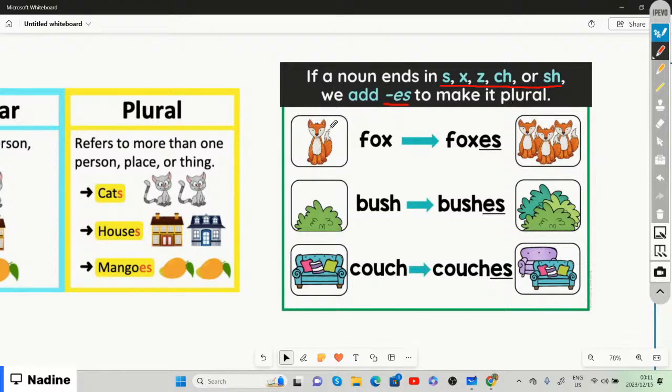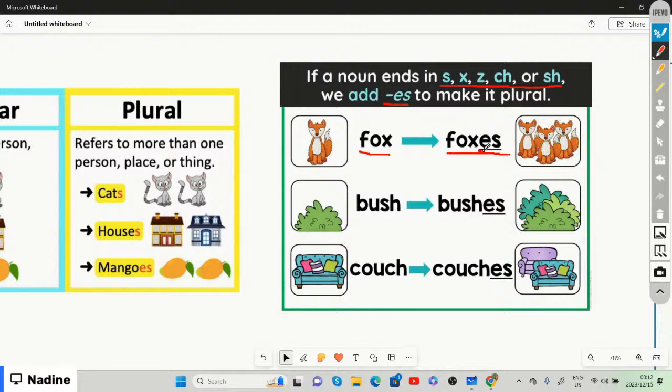For example, fox. Fox ends with an x. So it's one fox, more than one or three foxes.